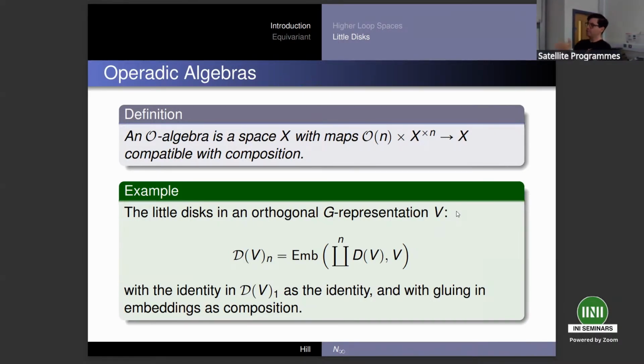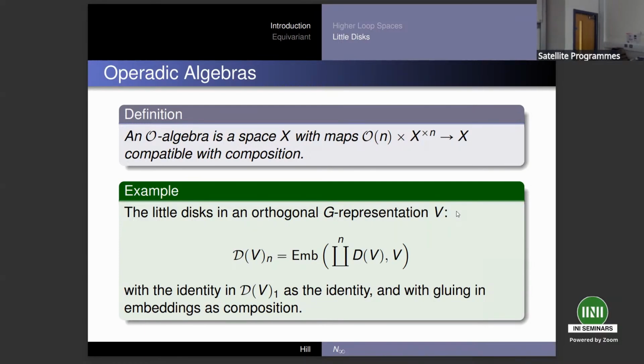The script font, most of my operads are going to be written in the script font. And the right-hand side, the non-scripted D, that's just the unit disk in the representation V. And there should have been another copy. Oh man, slides are not my friend.